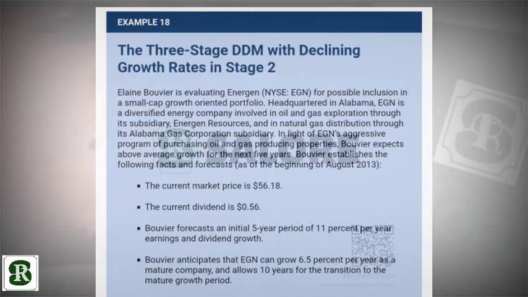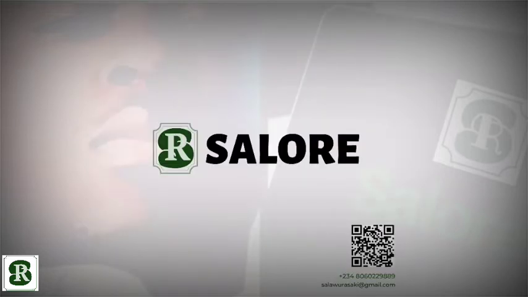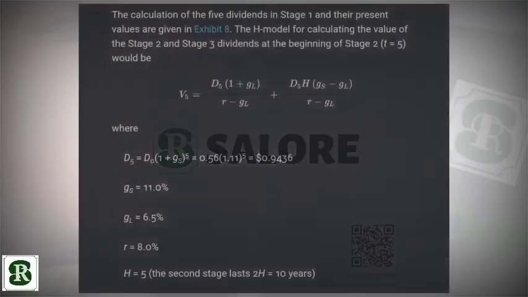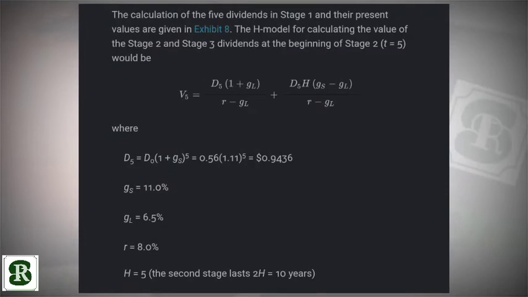So as at year 5, we'll be calculating what the value of this company is. That's the terminal value that is implied by stage 2 and stage 3. To do that, we'll rely on our formula for the H model, which is the dividend at year 5 multiplied by H, which is the half-life period. H in this example would be half the duration it would take for the growth to stabilize at 6.5%, which in this case is half of 10, 5 years.